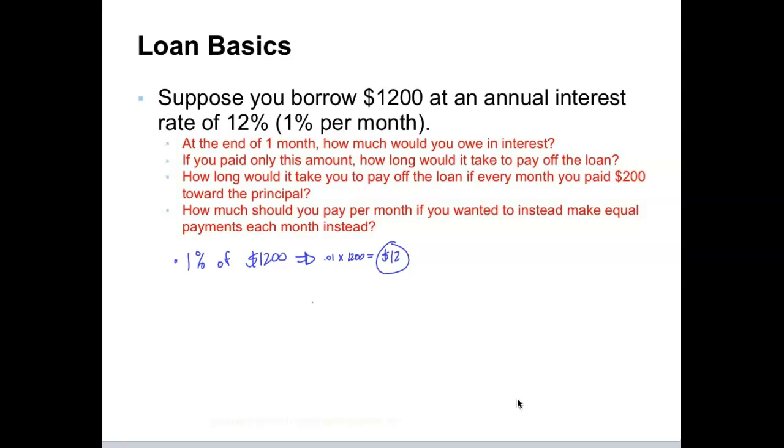If you paid only this amount, $12, how long would it take you to pay off the loan? The answer there is you would never pay off the loan.